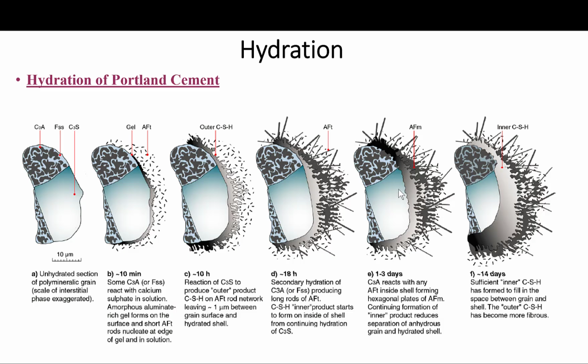After about 2 weeks of hydration, as you can see here in figure F, the gap between the hydrating shell and the grain is completely filled with this calcium silicate hydrate, and the original, outer calcium silicate hydrate becomes more fibrous, as you can see.